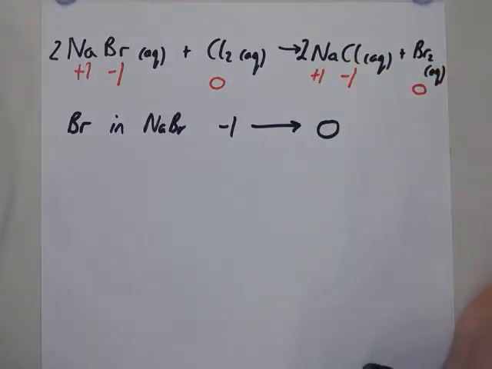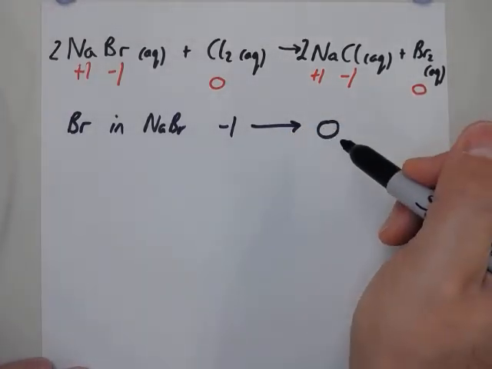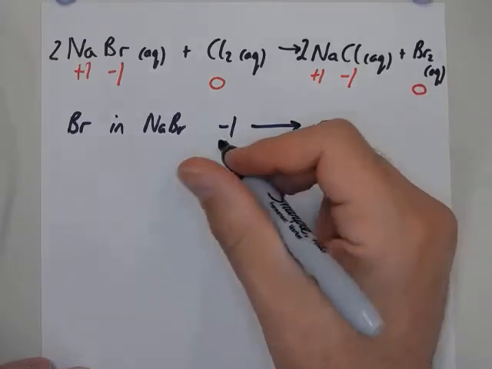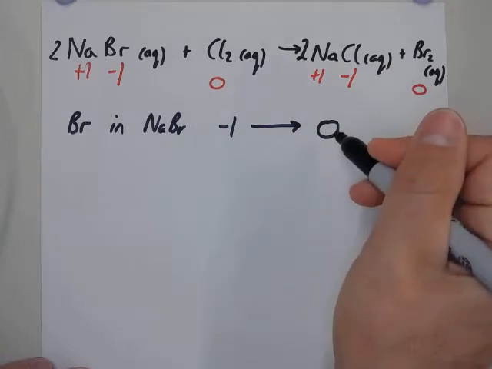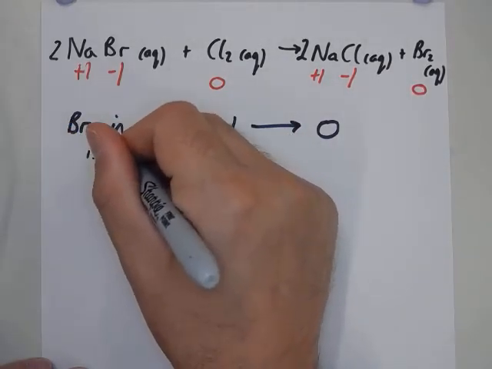Okay, that means that it's gone from being negative to neutral. So remember that electrons are negative, it's lost electrons. Okay, so it has been oxidized. It's gone from -1 to 0. So the Br in NaBr is oxidized.